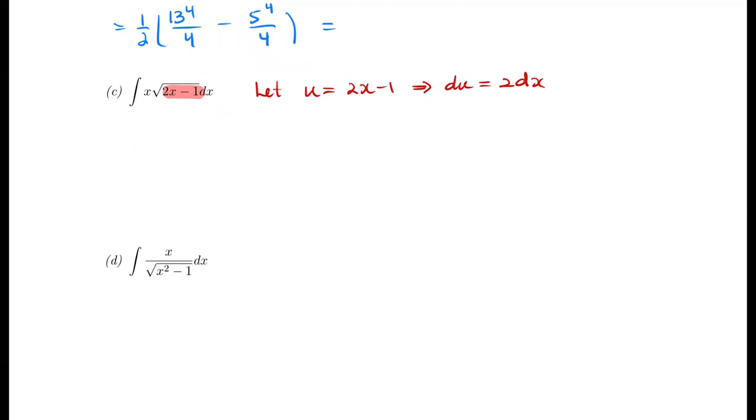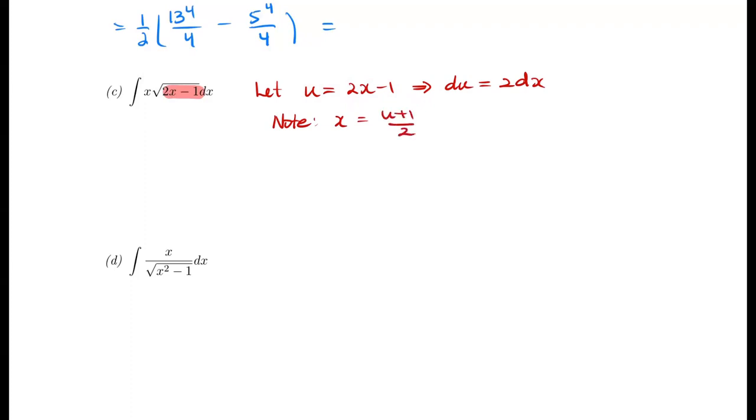But one thing that we're also missing here is that we don't actually have something with respect to x now. So if we solve for x in this equation, note that sometimes we have to find something with respect to x as well, in terms of u. If we solve for x here, we're going to get u plus 1 divided by 2.